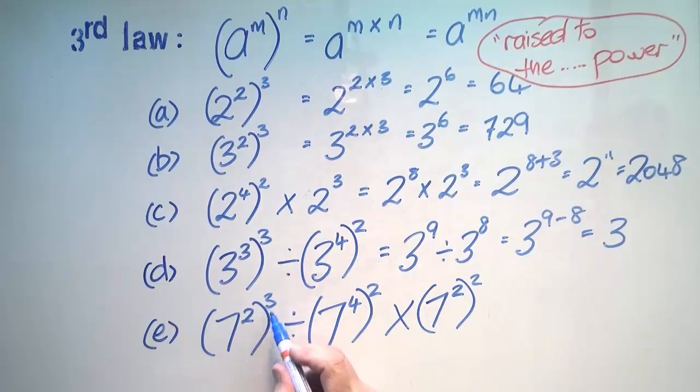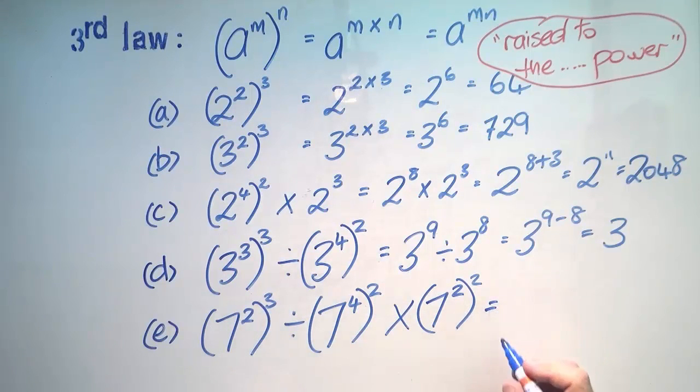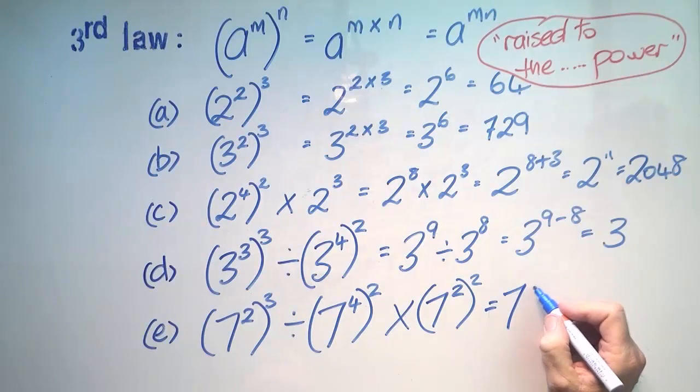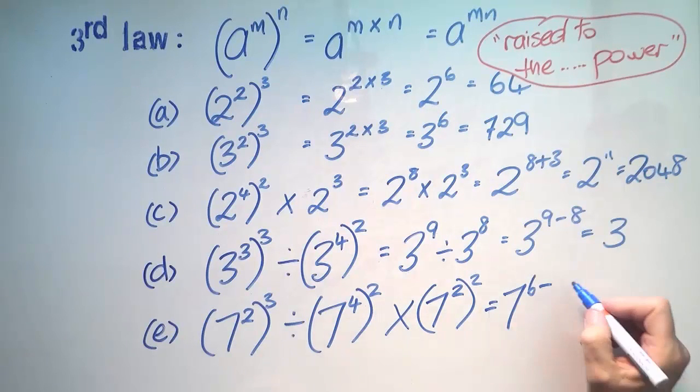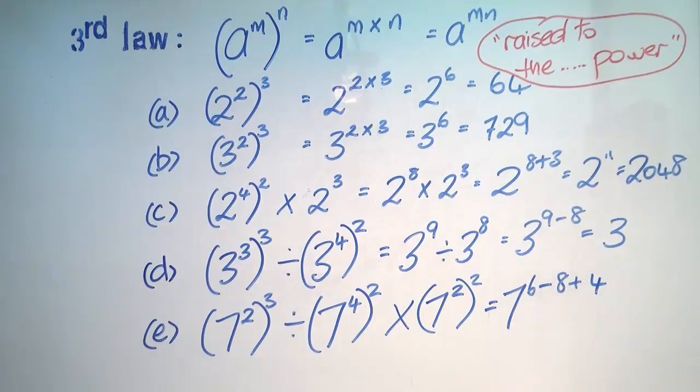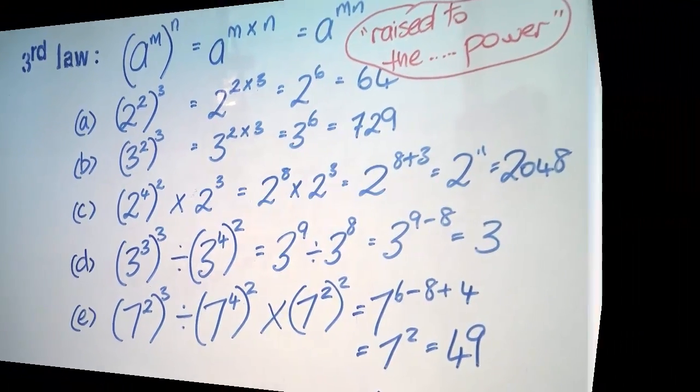Now here we do this first, okay, so this is 7 to the 6th minus 8 plus 4. 6 minus 8 is... 7 squared equals 49. As far as the order of operations goes, we have division and multiplication in the same line. We go left to right.